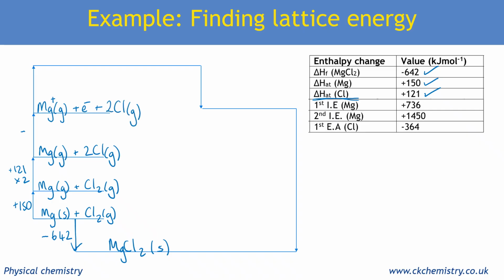So this one is equal to plus 736. Then we remove the second electron from magnesium, so it becomes Mg2 plus. So now I have 2 electrons lying around, one from the first ionization and one from the second, and I've got my 2 chlorine atoms ready to receive, and that one is plus 1450.